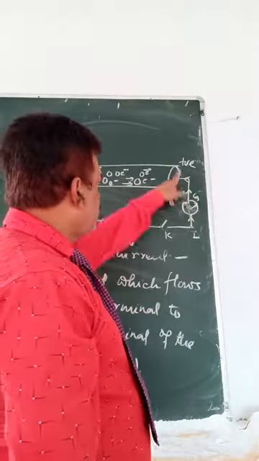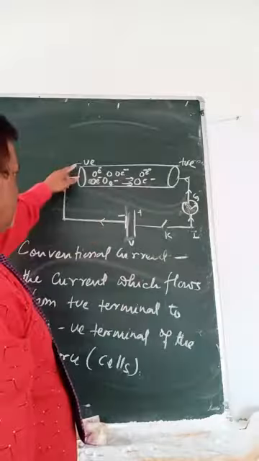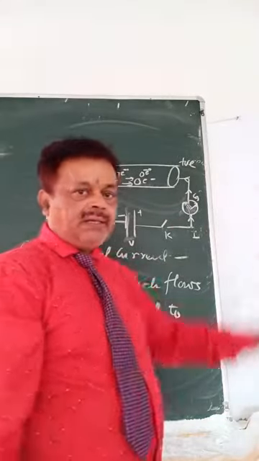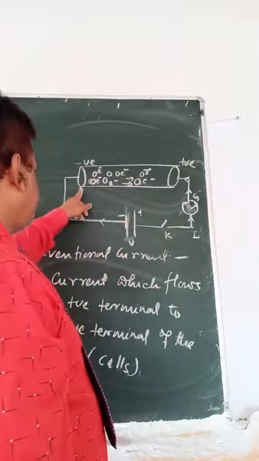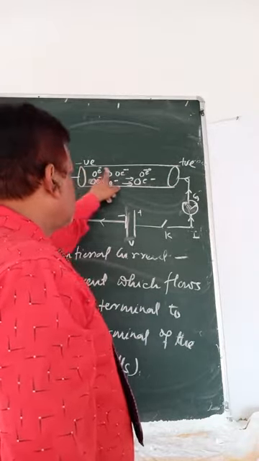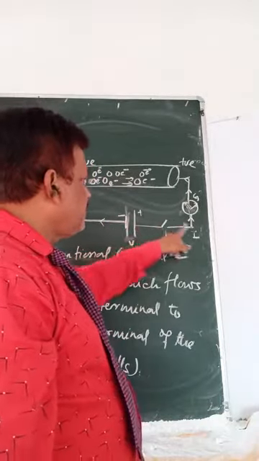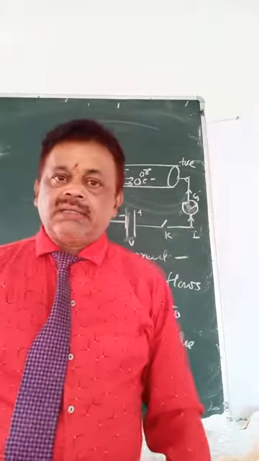That shows there is a flow of current. So remember two things: electrons move from negative to positive side, that is called electric current, and current that flows from positive to negative side is called conventional current.